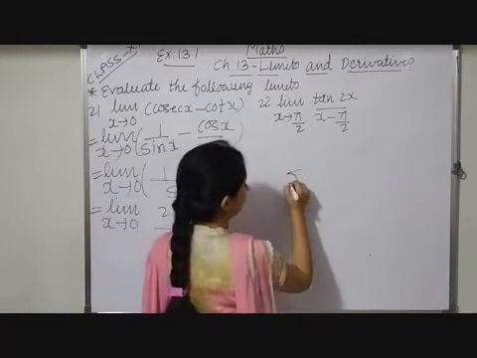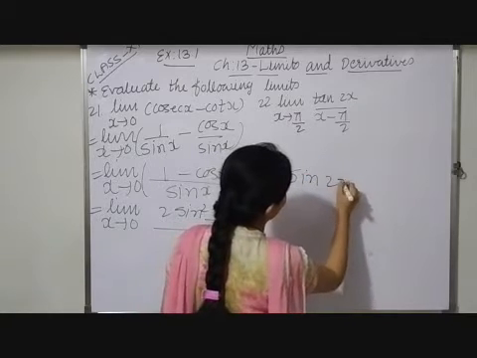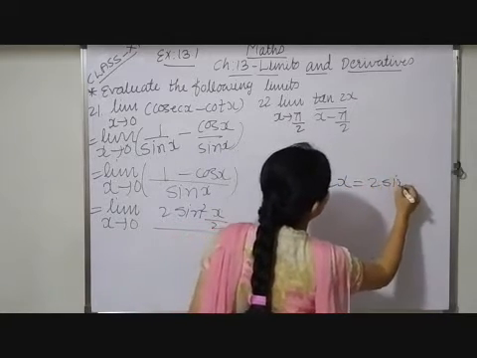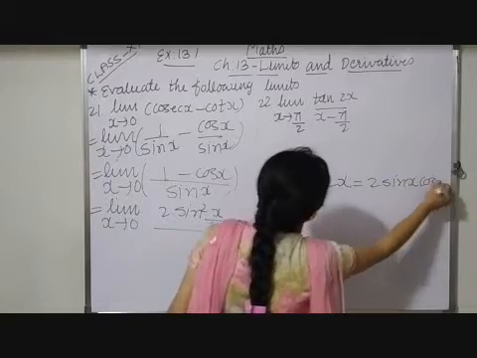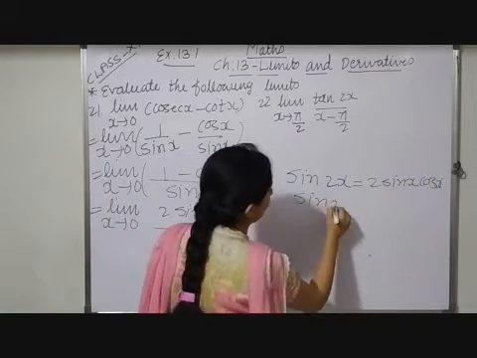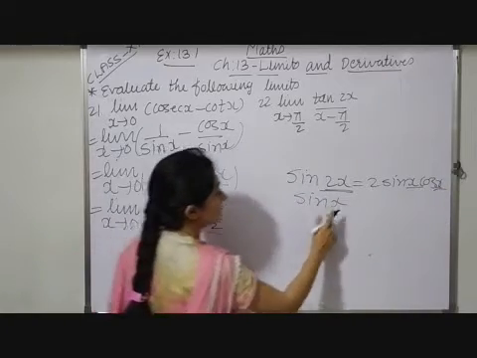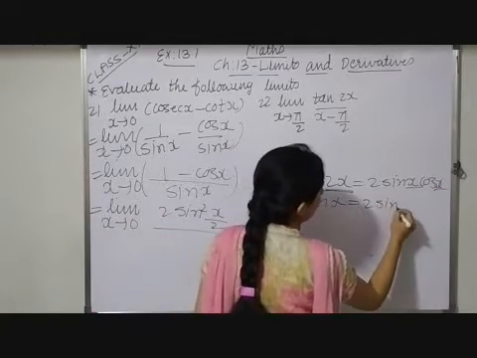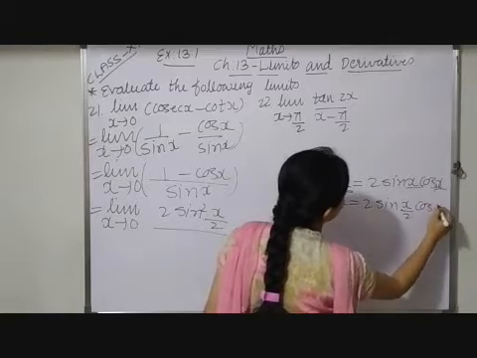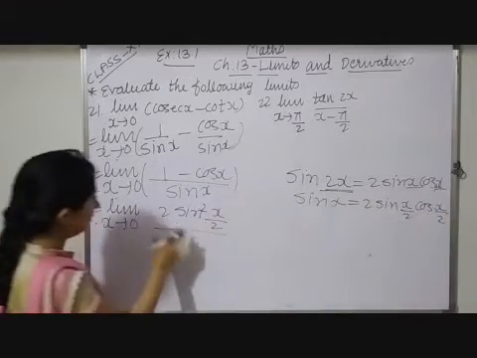So again one more formula you have studied in trigonometry, that sin 2x is equal to 2 sin x cos x. So sin x, you may observe, angle is double here and half here. So here x is given, so it will be 2 sin x by 2 cos x by 2. So this formula will apply here.